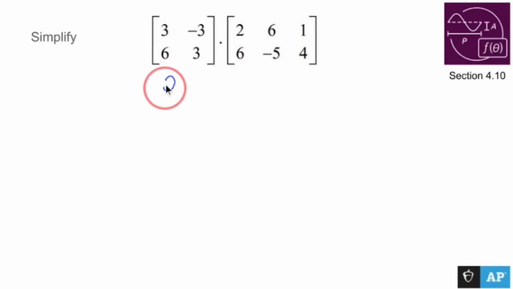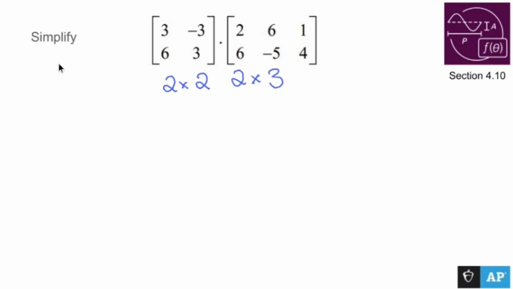Simplify this 2 by 2 matrix multiplied to this 2 by 3 matrix. In order to make sure you can do this, where did I get 2 by 2 from? There's 2 rows, this guy and that guy, and 2 columns. This guy has 2 rows and 3 columns.